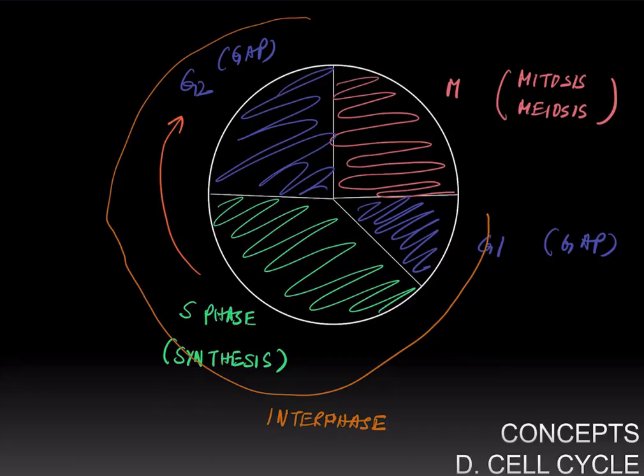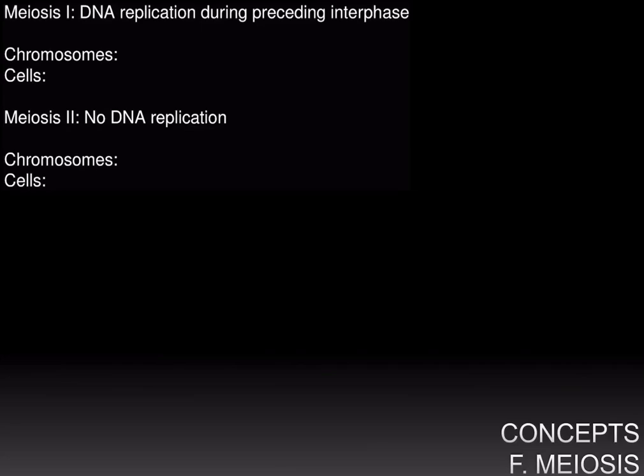Now, the role of meiosis is to halve the number of chromosomes. However, given the constraints of the cell cycle, this happens in a roundabout manner in 2 stages, meiosis 1 and meiosis 2. In meiosis 1, the cell is still in the cell cycle and it undergoes DNA replication in the preceding interphase, in the interphase that precedes the meiosis.